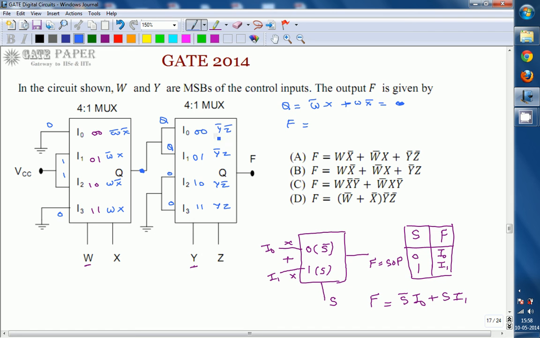So F is Y bar Z bar into Q plus Y bar Z into Q.